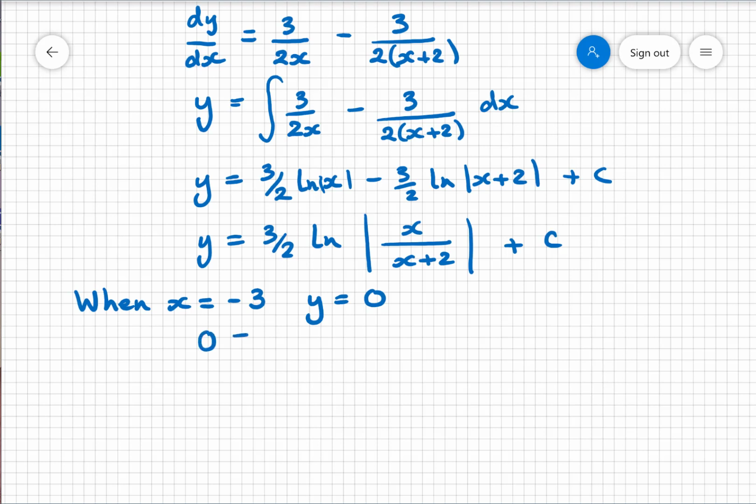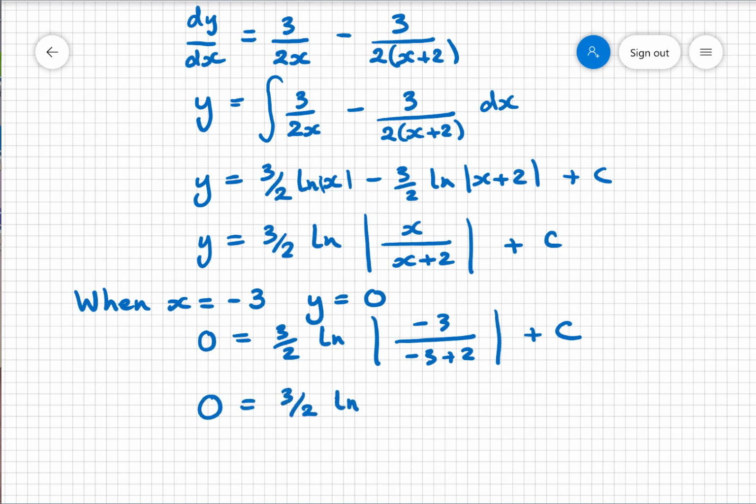So 0 is equal to 3 over 2 ln of minus 3 over minus 3 plus 2, and 0 is equal to 3 over 2 ln, and I've got minus 3 on the top and minus 1 on the bottom, so ln of 3. So c will equal minus 3 over 2 ln 3.